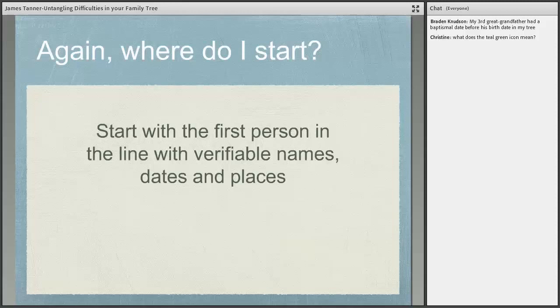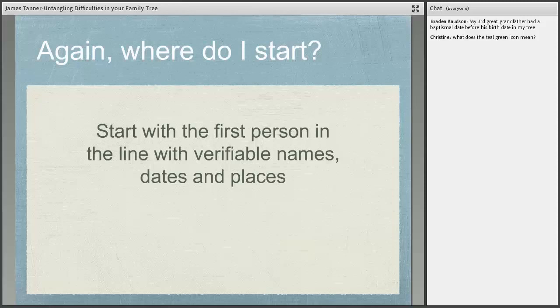We can't rely on our memory. We can't rely on what our great aunt told us was how everybody was related. We need to see if someone has put in sources, if someone has added information that would verify it.